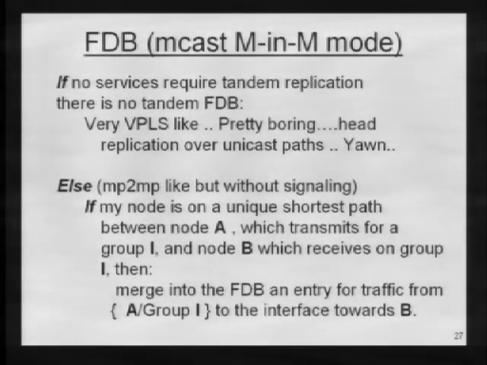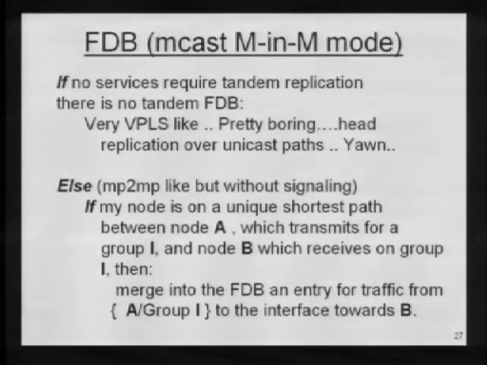What's much more interesting is if you select the option that says, well, I'd like the multicast to be done by the transit nodes, then the transit nodes have to create multicast state for that. And the way they do that is by asking themselves, and I always describe this in English, I'm a node, am I on a shortest path between a node A, which is a transmitter for some group, and a node B, which is a receiver for that group? And if I am, then I will install forwarding state.